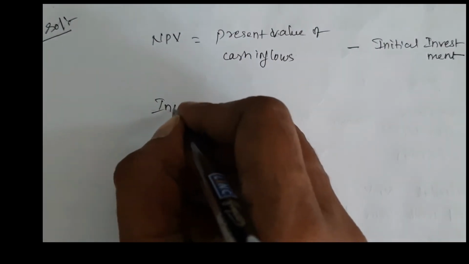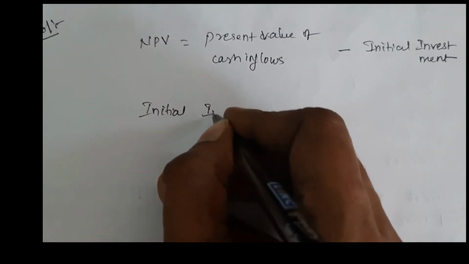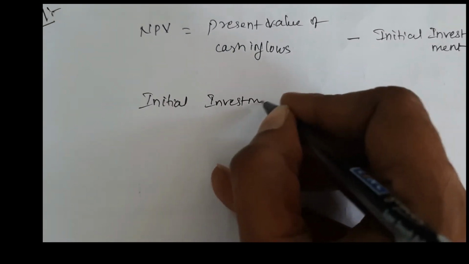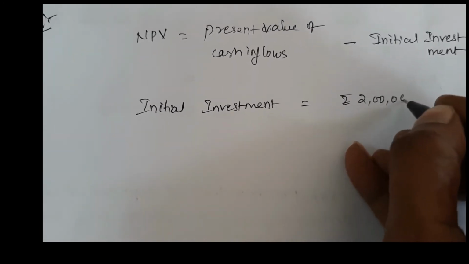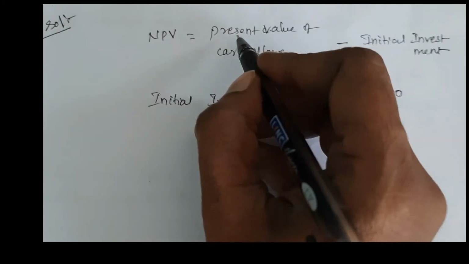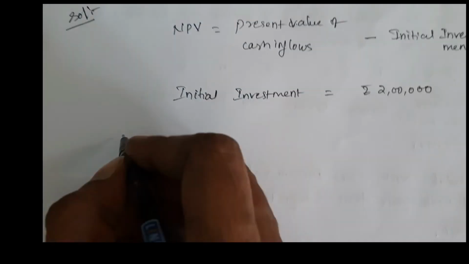So in the sum, initial investment is given, rupees 2 lakhs. Now we need to calculate present value of cash inflows.